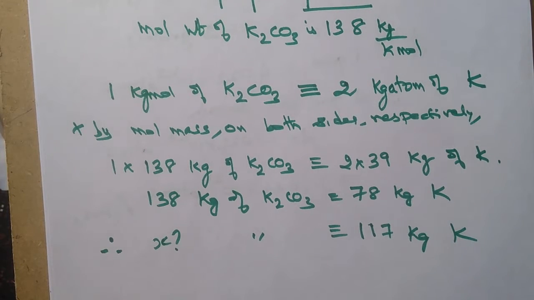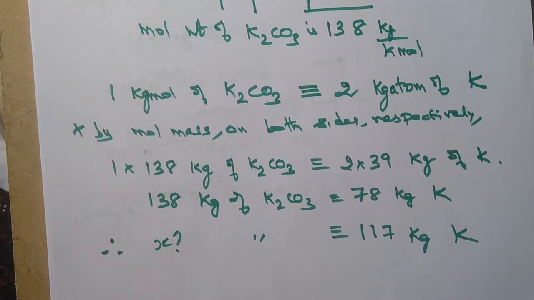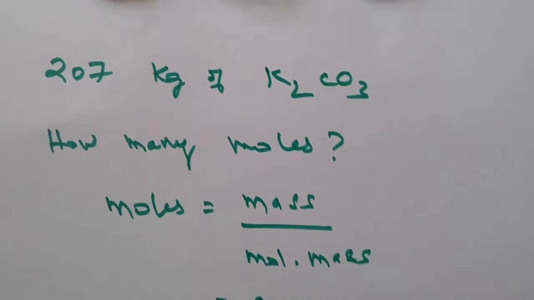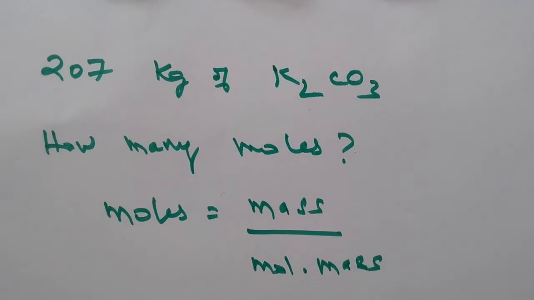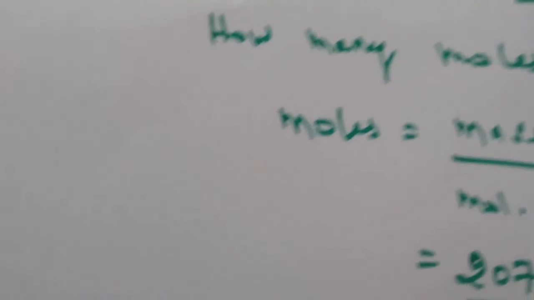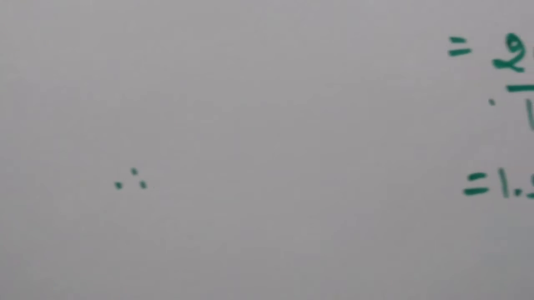So X equals 117 into 138 by 78, which is 207 kg. So we get 207 kg of K2CO3.